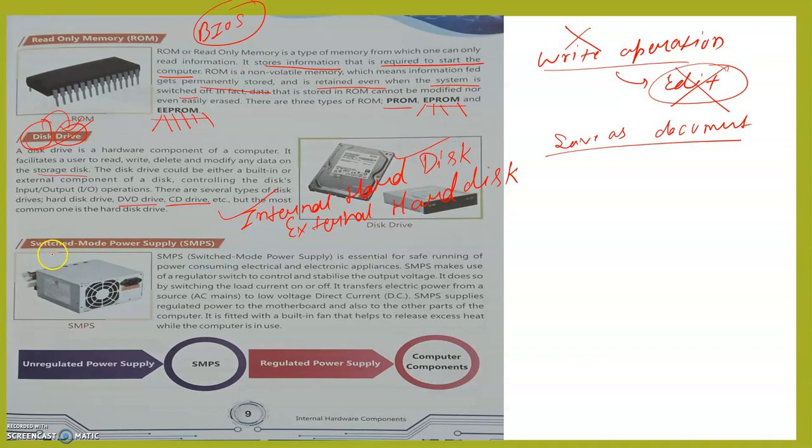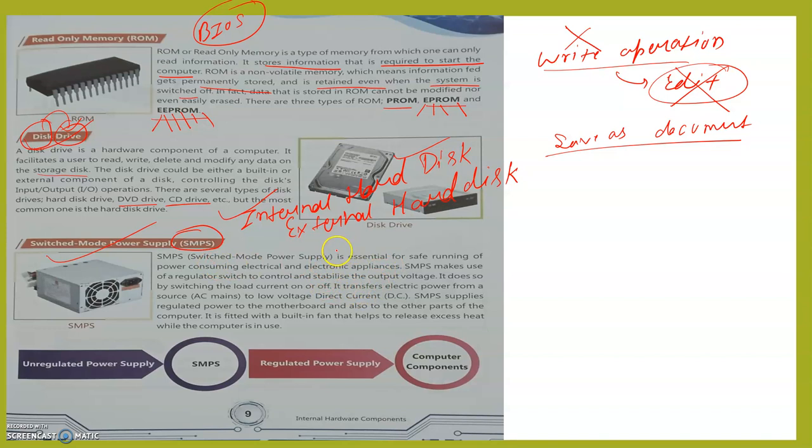Now coming to the next, switched mode power supply, SMPS. That is a very important component, because without this device you cannot safely run your computer system. Why? Because it is a controller, a controller of current and voltage basically.